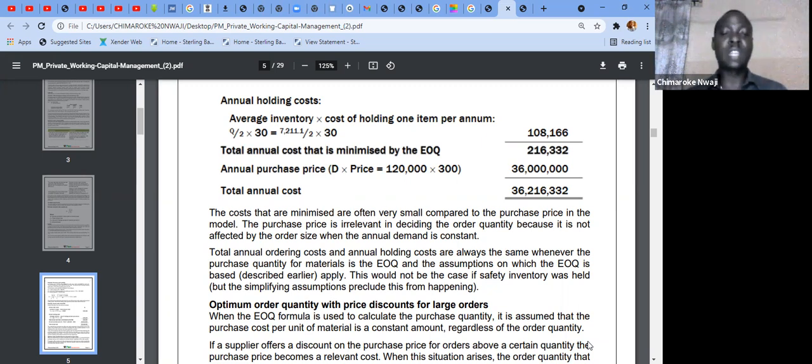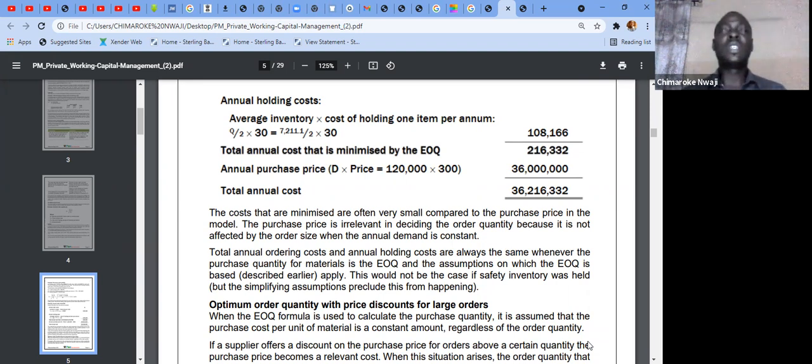Sometimes it may not happen that way. And so some people want to avoid the risk of, maybe I place an order today, it doesn't come because of some unforeseen occurrence, and they decide to make more orders than the EOQ.